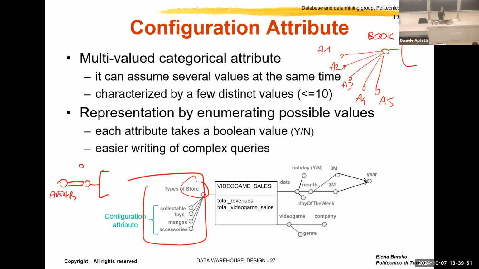What's the difference? The difference is in terms of efficiency. If you have a small set of features, like it is for the store, I have 4 features for the store, so the combinations are 2 to the power of 4, 16 combinations of these yes, no collectible.